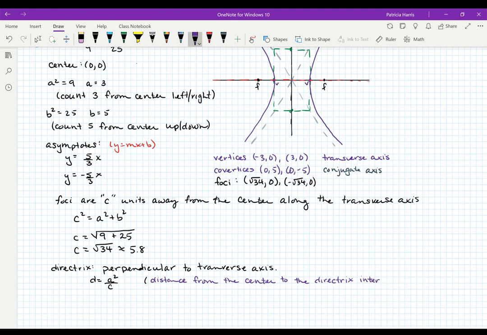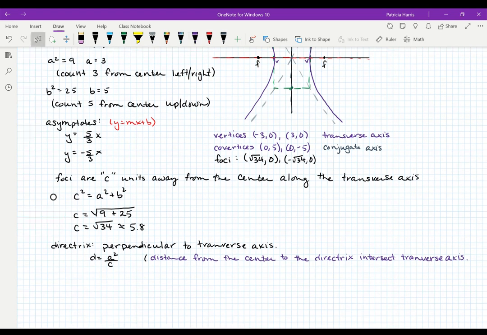And they intersect the transverse axis in a perpendicular manner. So a squared, remember, was 9, and c is 5.8, or the square root of 34.